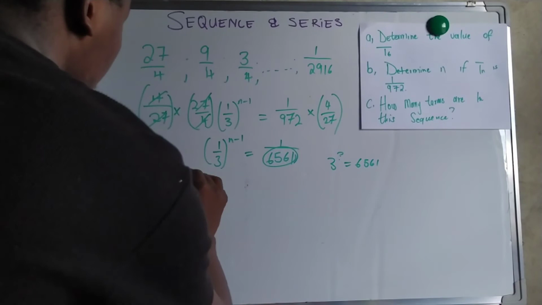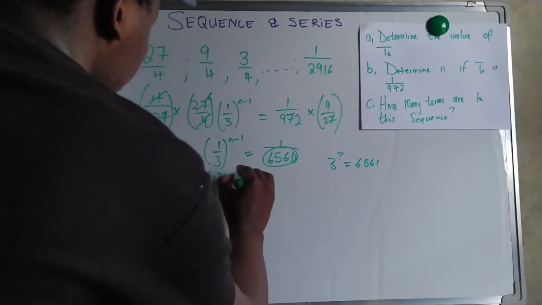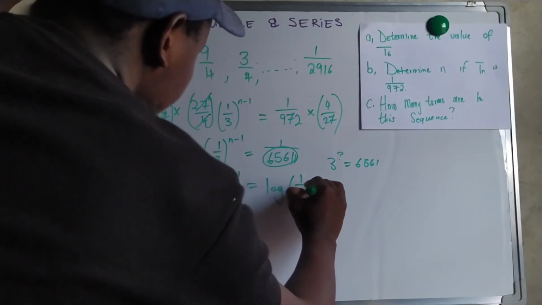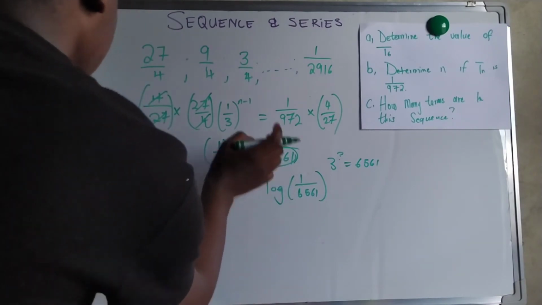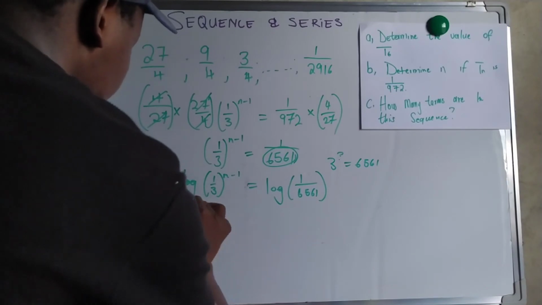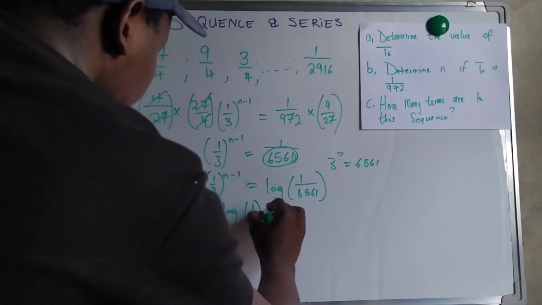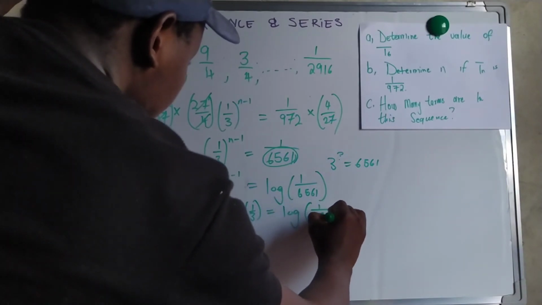So what we're going to do, we're going to say log of 1 over 3 to the exponent n minus 1 is equal to log of 1 over 6,561. Okay, then when we have this, the exponent will automatically drop. So we'll have n minus 1 times log of 1 over 3 is equal to log of 1 over 6,561.